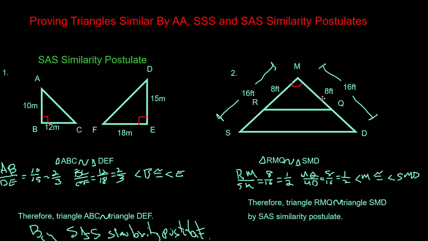This side of the little triangle corresponds to this side of the big triangle. Once again, we know that angle M is congruent to angle SMD, really the same angle, right, by the reflexive property. And that's the included angle for the two sides that we're showing are in ratio. So therefore, triangle RMQ is similar to triangle SMD by side, angle, side similarity.